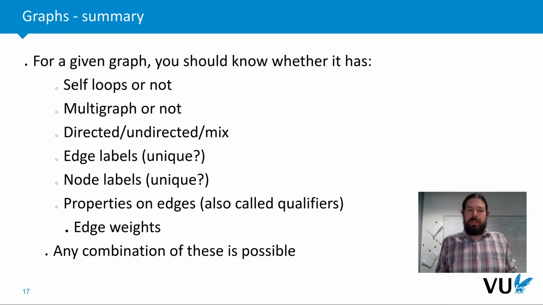Does it have labels for edges or nodes? Are they unique? Does it allow for properties on the edges, these qualifiers which we just saw? Does it have edge weights as a special case? And of course, combination of all of these things is possible. So the sky is the limit with combinations here.